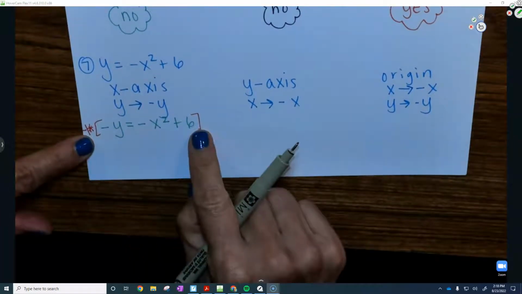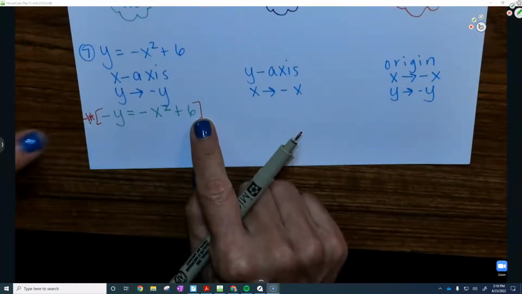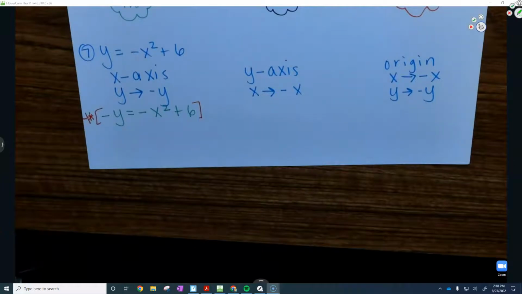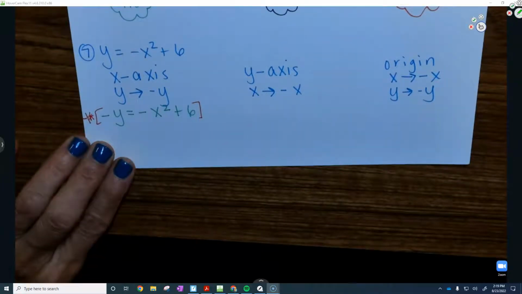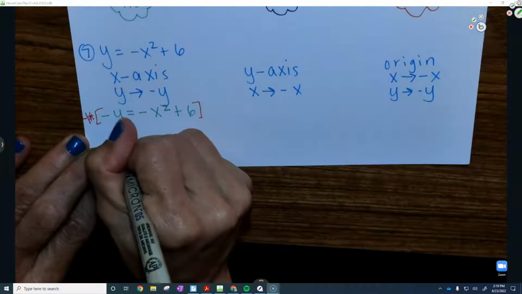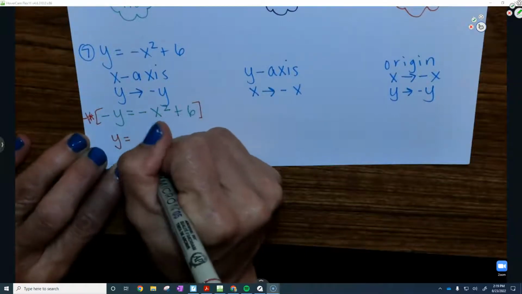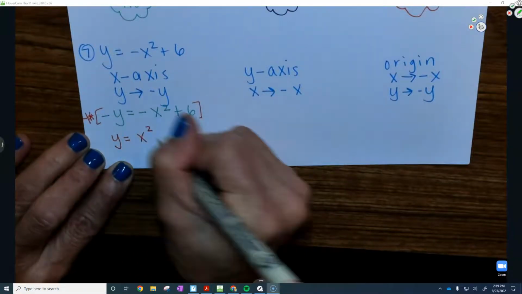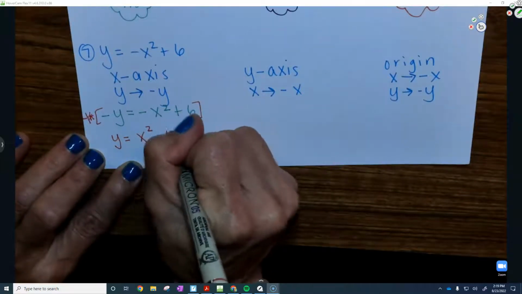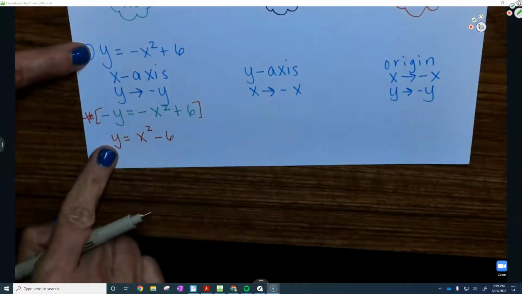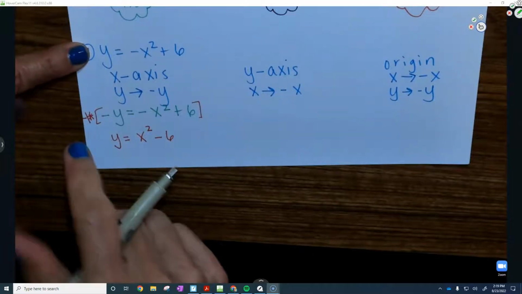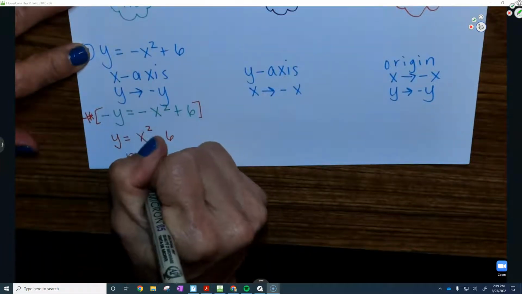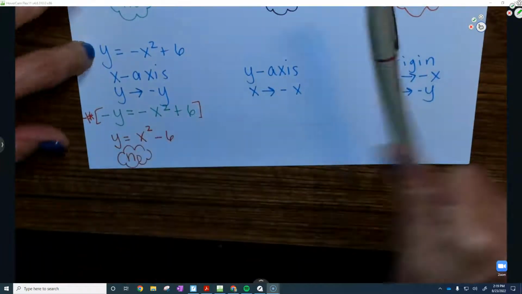And what happens when you multiply by a negative 1? Just all the signs change, guys. X squared minus 6. So it's going to be positive y equals positive x squared minus 6. These definitely do not match, so it is not symmetrical around the x-axis, guys.